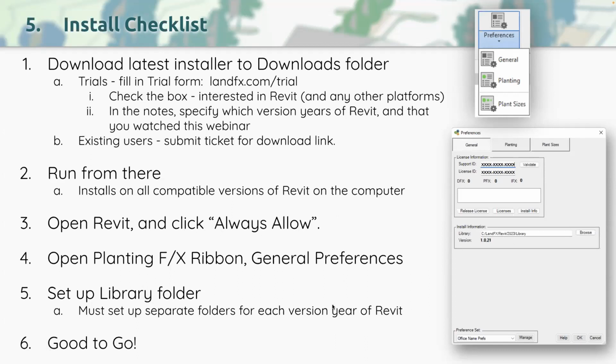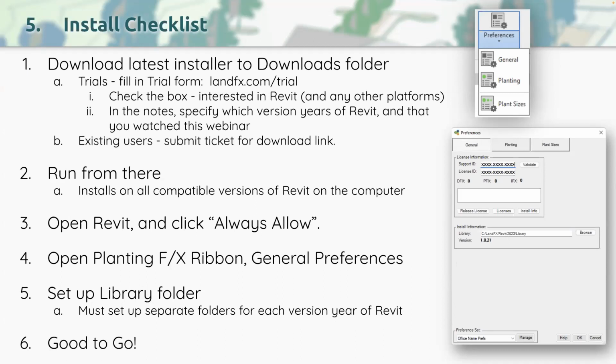But the very important thing is you need to have these separate version years set up because, as you probably know, Revit is not backwards compatible. And if you try and load a family from a previous version year of Revit, it pops up that annoying upgrading model. And we have a lot of families.